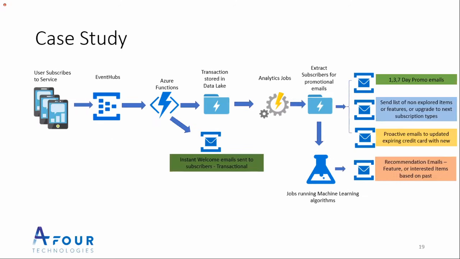This is a real example from my assignments. This was all about sending transactional and promotional emails to end customers. So as you can see in this case study, there are many stages involved, wherein this is a product to which customers come and subscribe, and when they subscribe to this product for the first time, you want to send an instant email to that consumer or customer, saying welcome to our service.